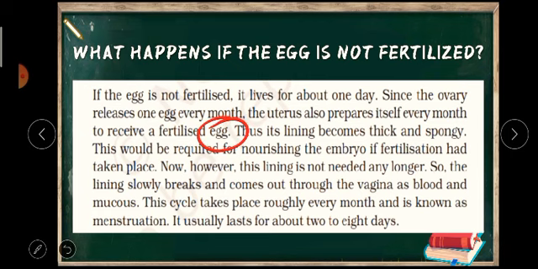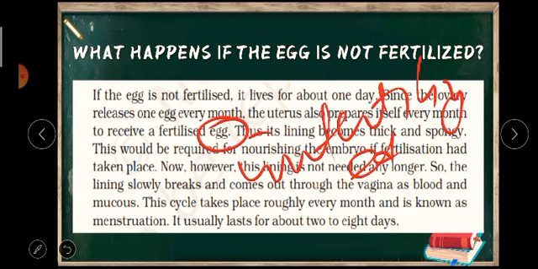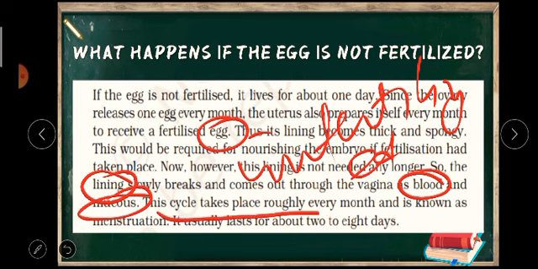It comes out through the vagina every month, and this cycle is also known as menstruation.